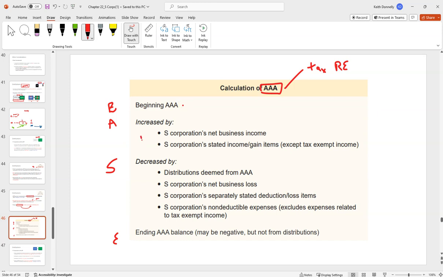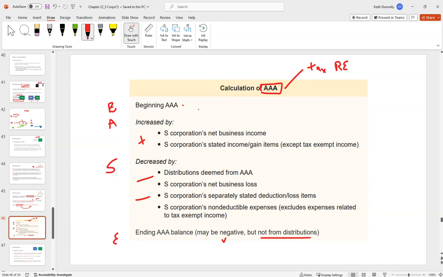It's your beginning plus the income of the S Corp minus any distributions, minus any losses, minus any non-deductible expenses, which gives you your ending AAA balance. And again, this can be negative, but not from distributions.